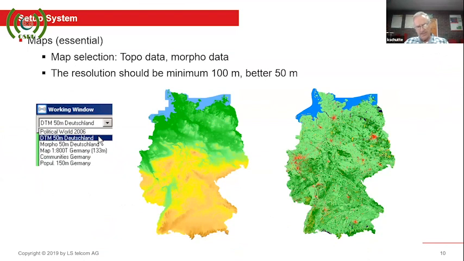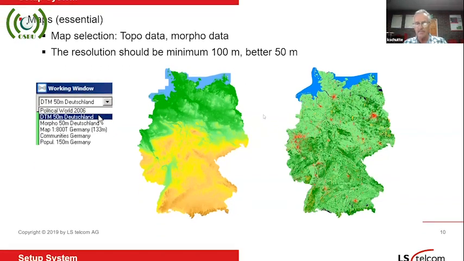For practical purposes, yes, you can go much higher in resolution, maybe to 10 meter by 10 meter, but then your calculations will be very slow, and it's not recommended to use such a high resolution DTM in your first set of calculations. Otherwise, you will be sitting in front of your computer for quite a while waiting for results, where you can get a good indication of what's actually happening with your coverage or interference just by using about 100 by 100 meter DTM.